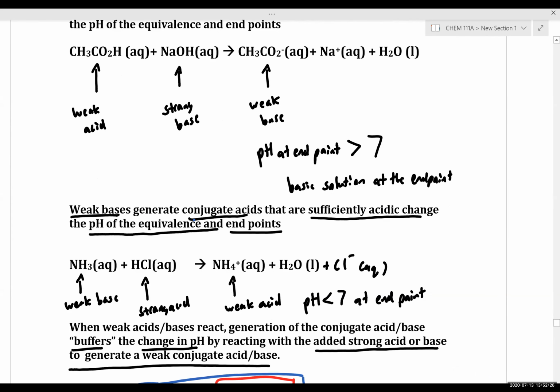So the key feature of this problem is that we have figured out the amount of barium 2 plus present at the end of the reaction. And now what we need to do is calculate the total volume of solution at the end of our reaction.